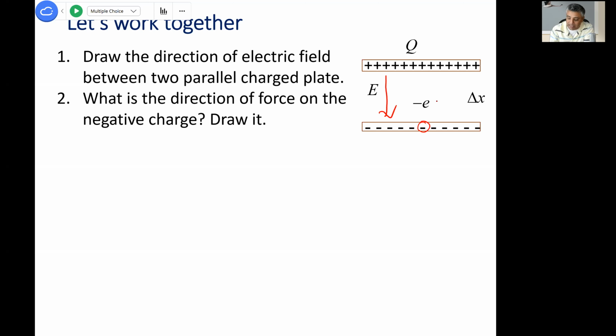So force in this case is in that direction. Force due to electric field is in that direction. I'm using F to represent force, and I'm writing subscript E to represent that the force is due to the electric field. It's not gravitational force, okay?